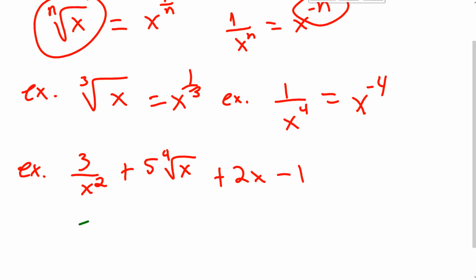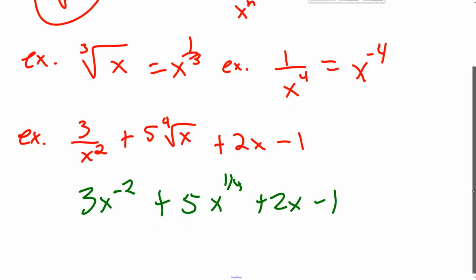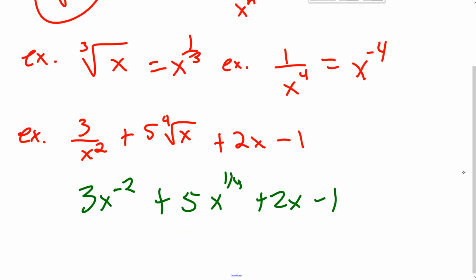This one, I can rewrite as 3x to the -2 plus 5 times x to the 1/4, I think that's a 4, plus 2x minus 1, and now I can go ahead and use the power rule on each one of these. So the power rule is really just for one individual thing, but then we have some other rules that allow us to multiply by a constant.